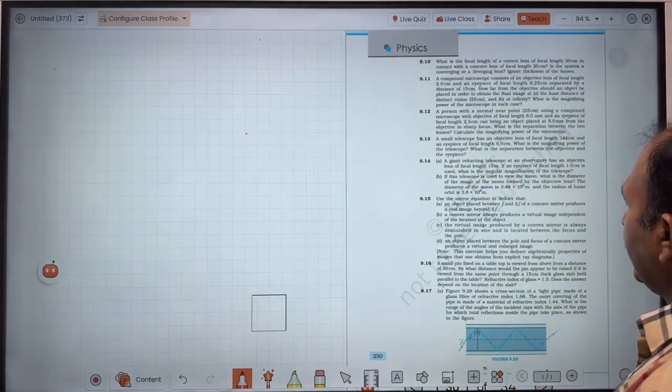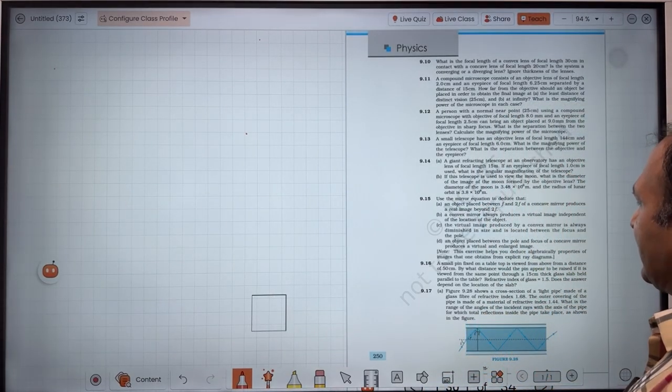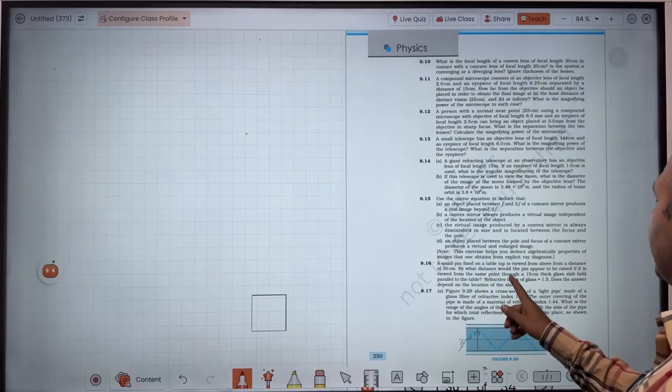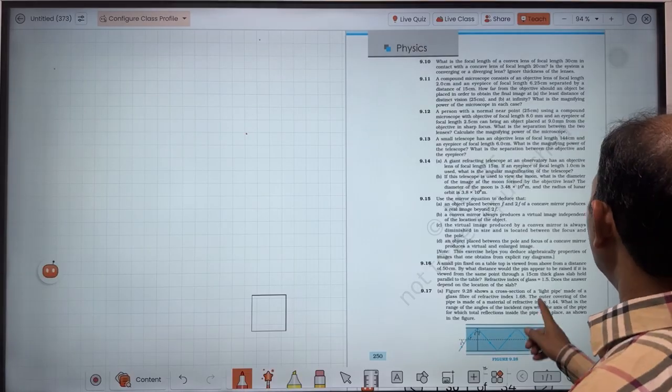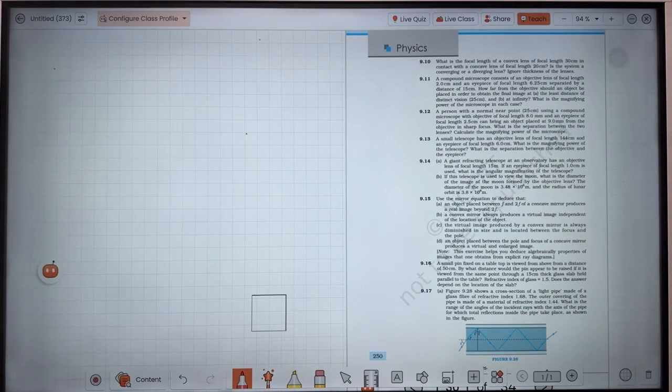You can do it. And question number 16, a small pin fixed on a tabletop is viewed from above from a distance of 50 centimeter. By what distance would the pin appear to be raised if it is viewed from the same point through a 15 centimeter thick glass slab held parallel to the table? Refractive index of the glass 1.5.